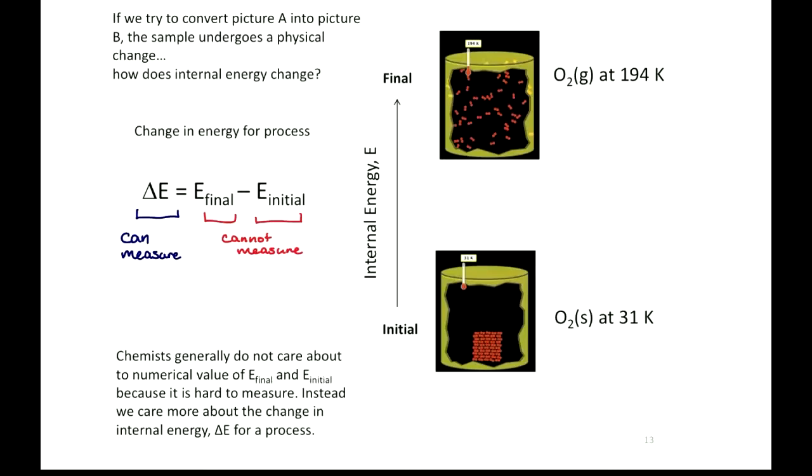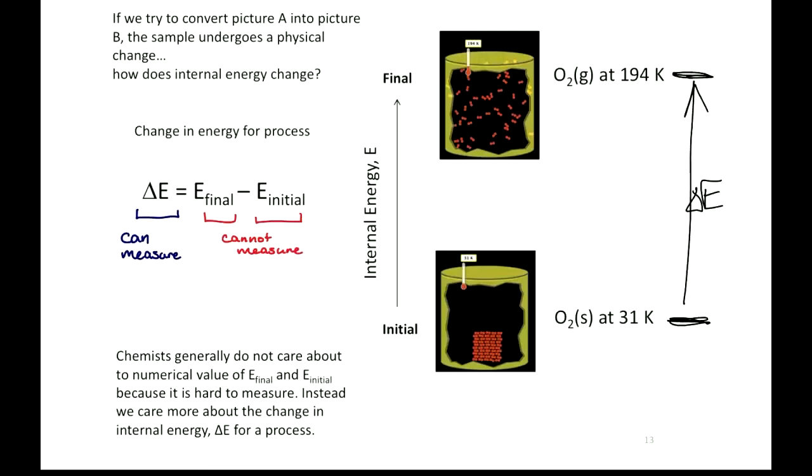But what we can measure is how much energy it takes to convert this solid to this gas. I can actually calculate that change in energy. So chemists can measure changes in internal energy for a process.